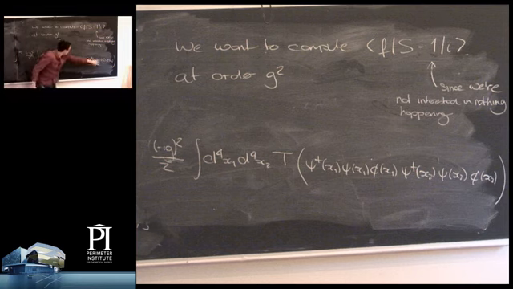So we get h squared. The interaction Hamiltonian is evaluated at 2 different points, x1 and x2. You then integrate over those points, but you have to time order this.